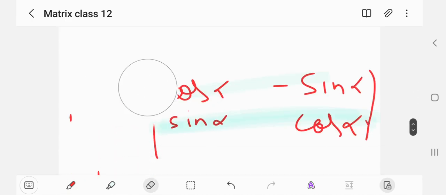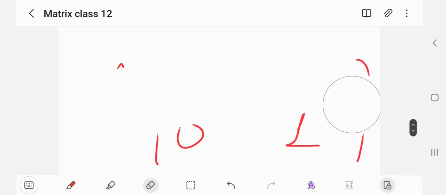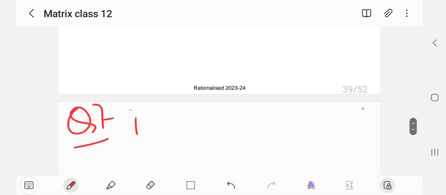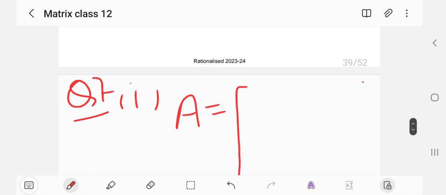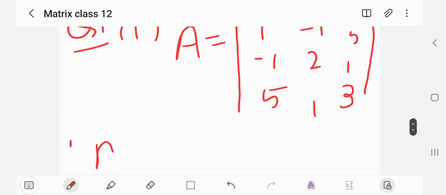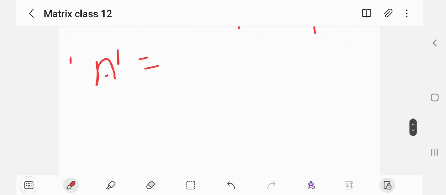Let's quickly find the A transpose. Question number 7, part A. Our A matrix is 1 minus 1 5, minus 1 2 1, 5 1 3. If I transpose it, what will I get?